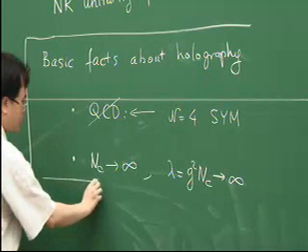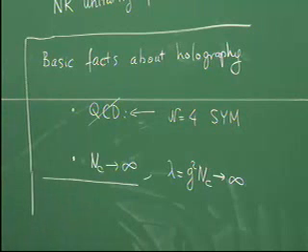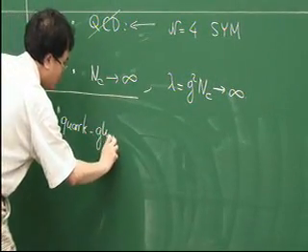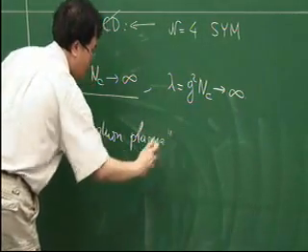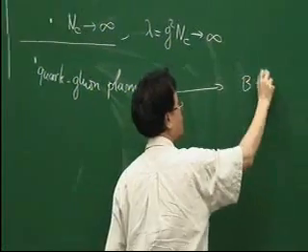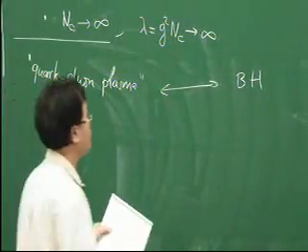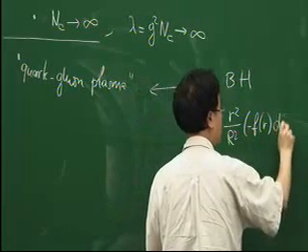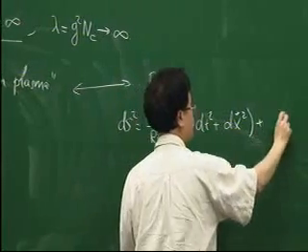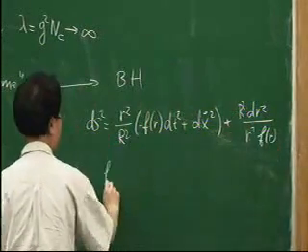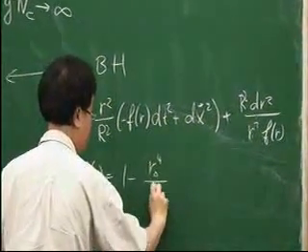One thing that Joe probably has mentioned to you is that using holography we can describe quark-gluon plasma in N=4, because N=4 Yang-Mills is dual to a black hole, with the metric that I'm going to write down right here, with r squared and a function f, something like 1 minus r_0^4 over r^4.